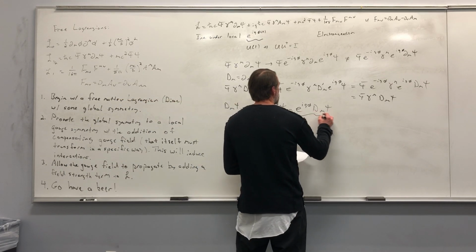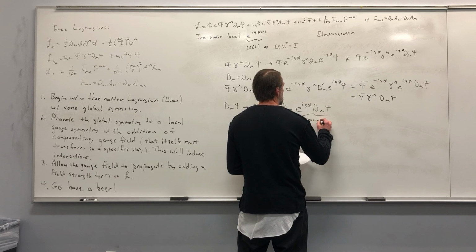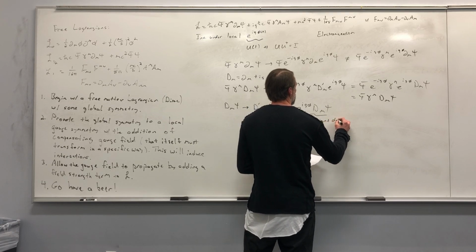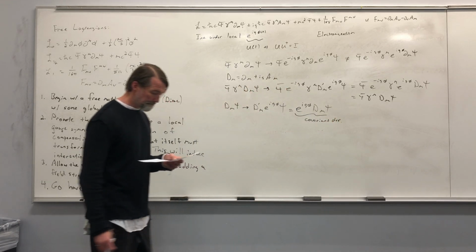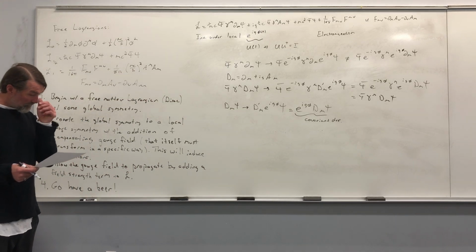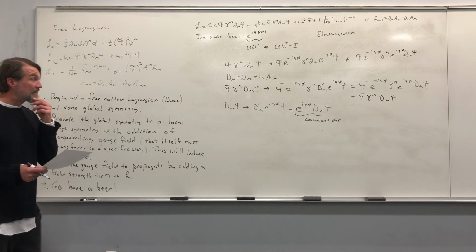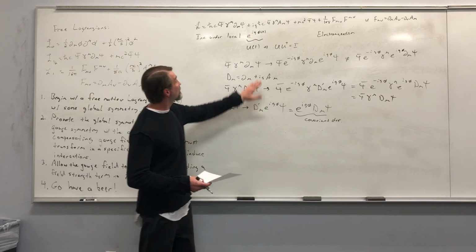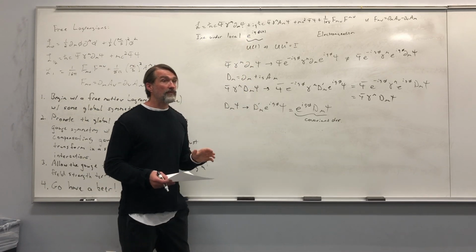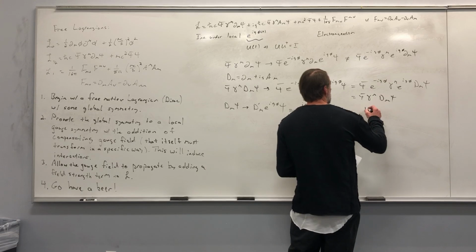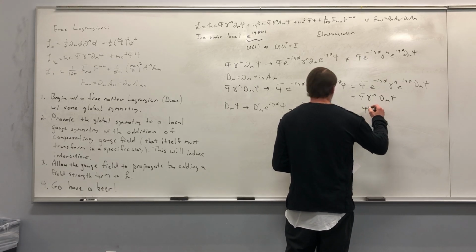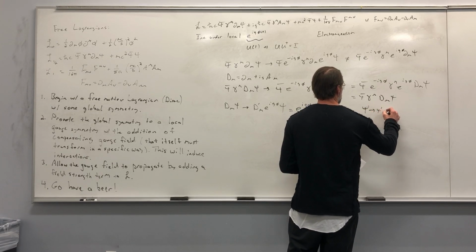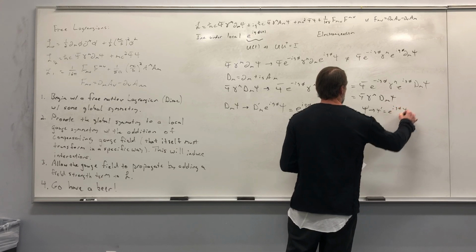We like to call this a covariant derivative. Okay? That is, the derivative transforms in the same way that the psi field transforms. So what I'm saying is that psi goes to psi prime, which is e to the iq phi psi.